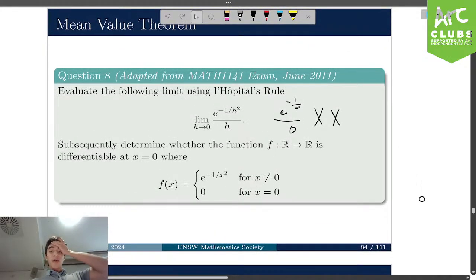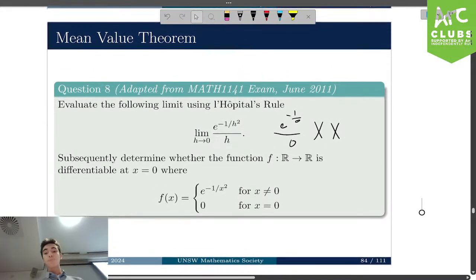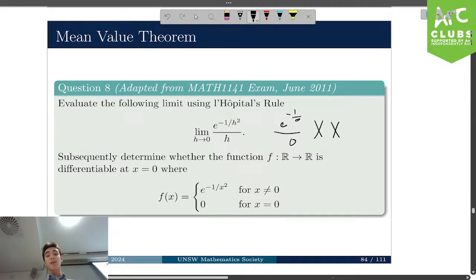So maybe it's time to apply L'Hopital's rule to this fraction. We do have to check that it satisfies the conditions.